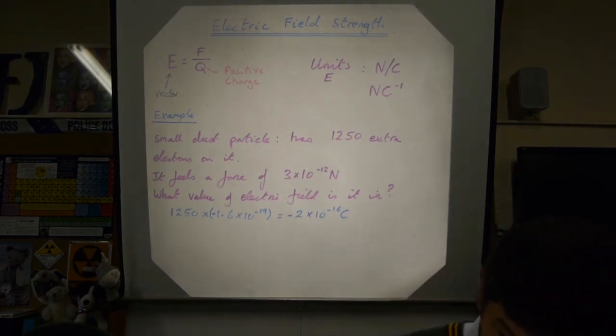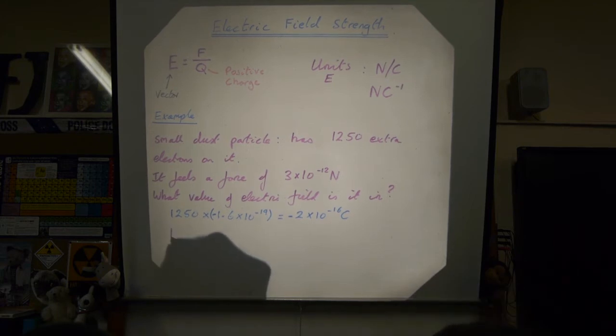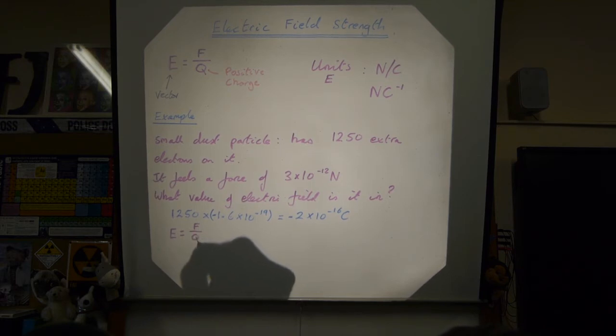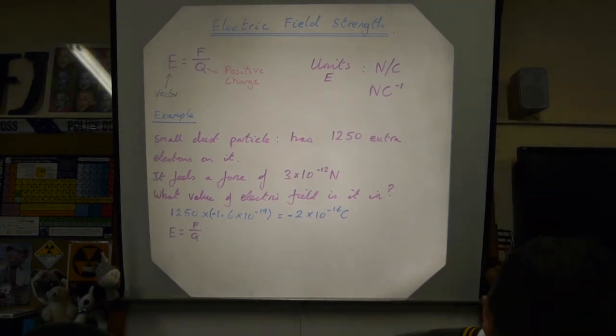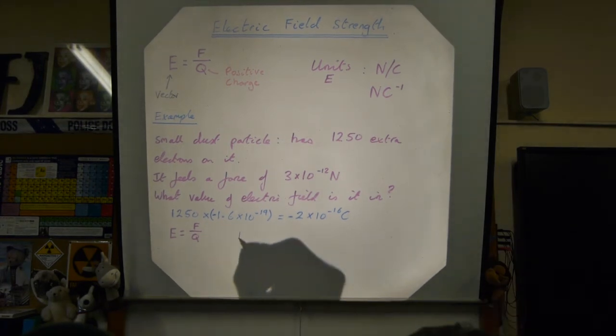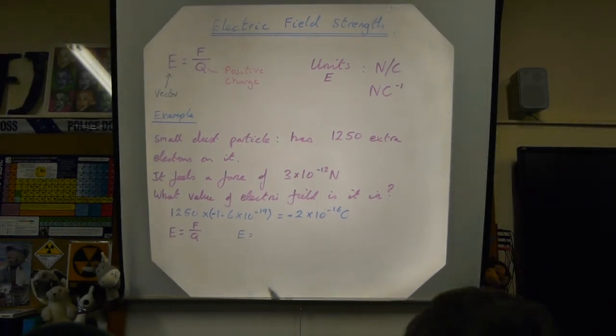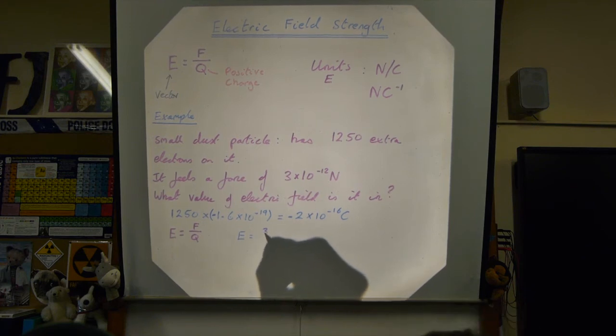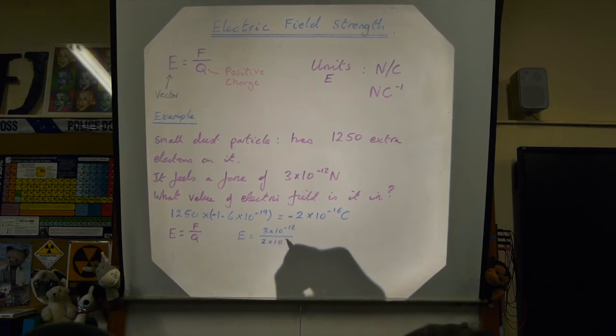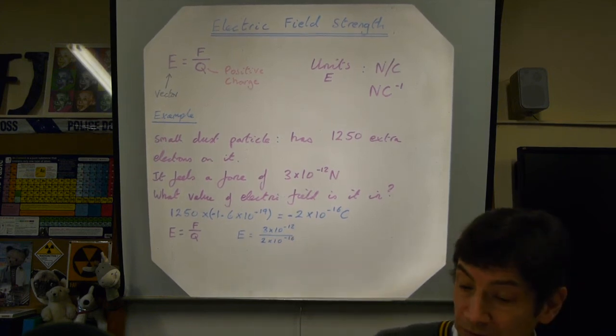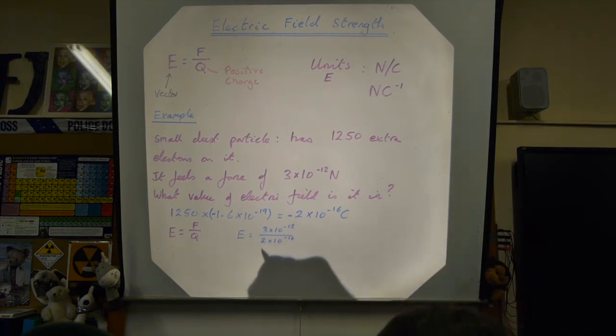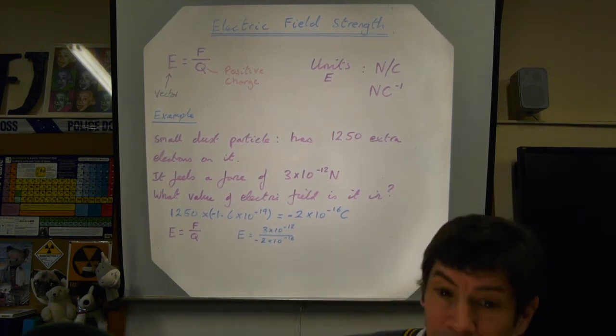We know that the electric field strength, E, is the force per unit charge, F over Q. So the electric field that it's in will be the force it feels, 3 times 10 to the minus 12 newtons, divided by 2 times 10 to the minus 16 coulombs. I'll put the minus in there just for the sake of it. You'll see why that's interesting in a minute.